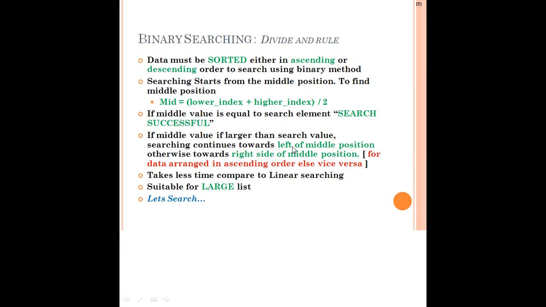In the case of ascending, if the middle element is larger, then we will search in the first half. In the case of descending, if the middle element is larger, we will search in the second half. It takes much less time compared to the linear search, and it is more suitable for large lists. Let us see how this search method will work now.